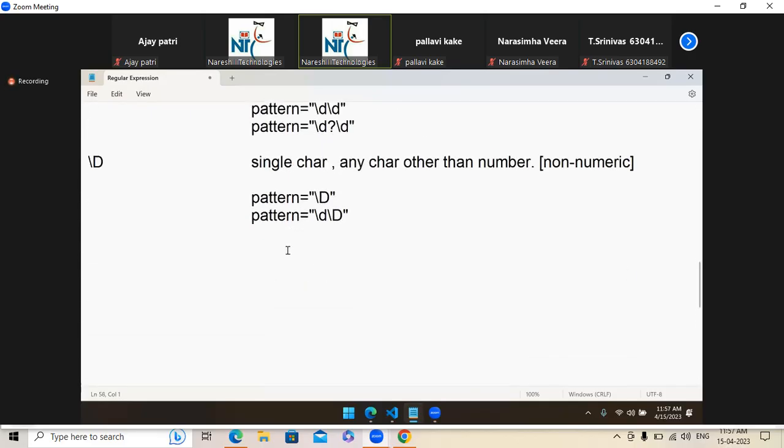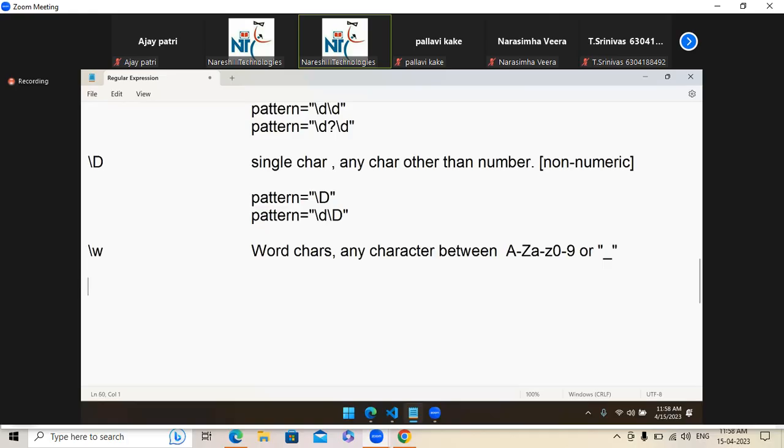Okay. Now, here I am writing another one, \w. This represents word characters. A word character means any character between these values: A to Z uppercase, a to z lowercase, 0 to 9 number, or the underscore symbol.